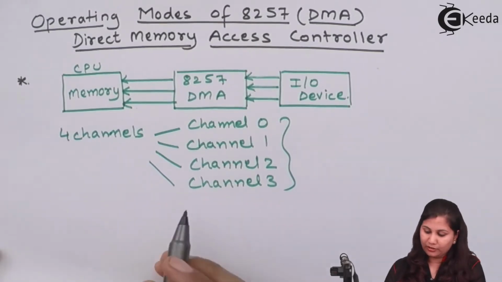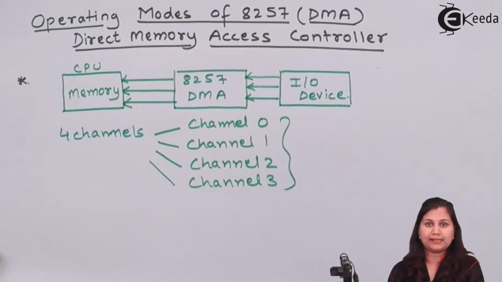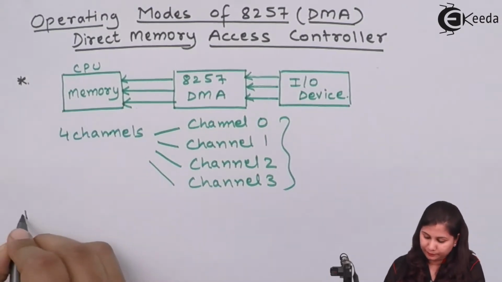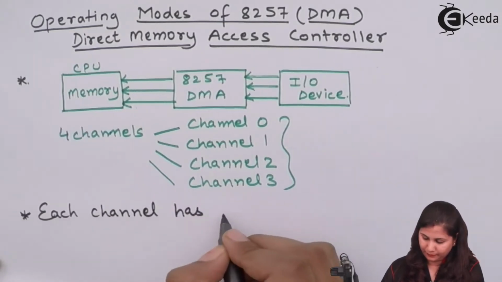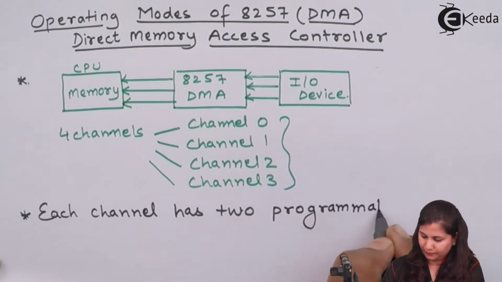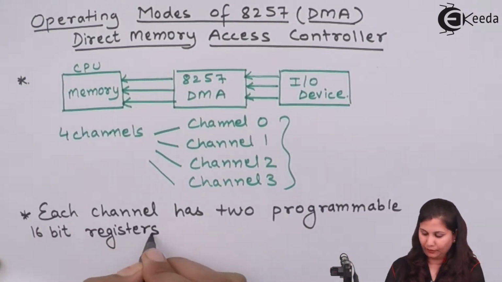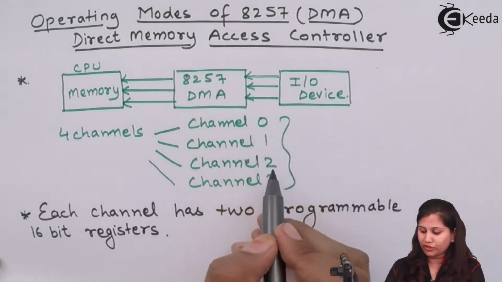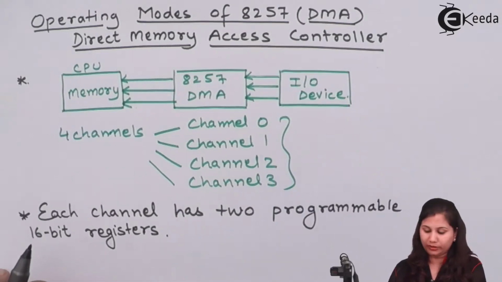Now each channel of this 8257 has 2 programmable 16-bit registers, which are known as the address register and the count register.